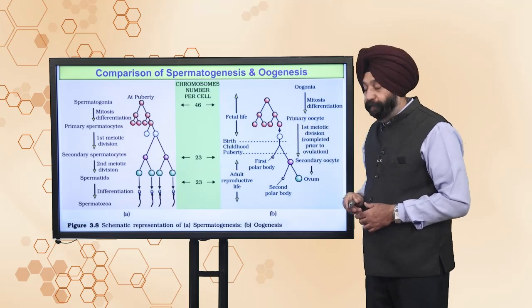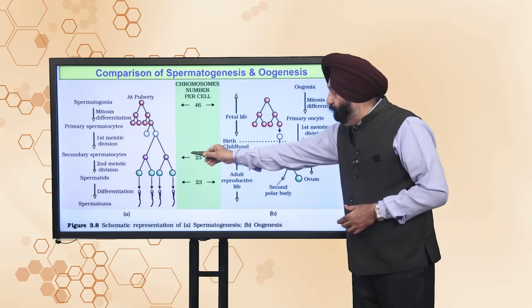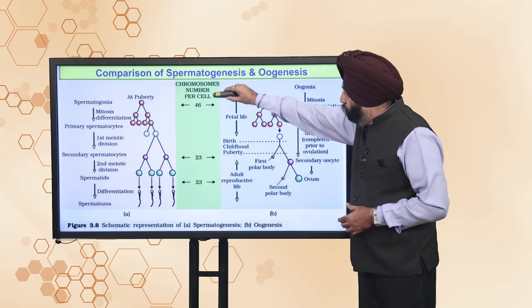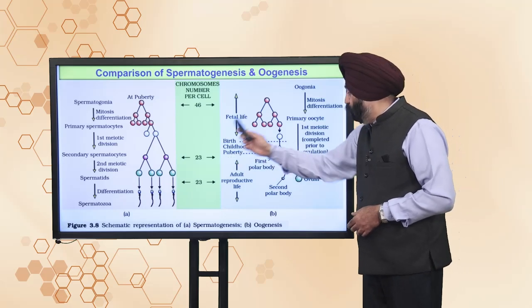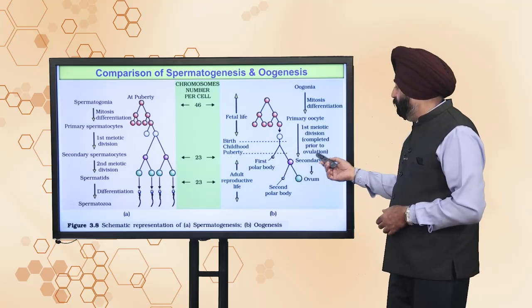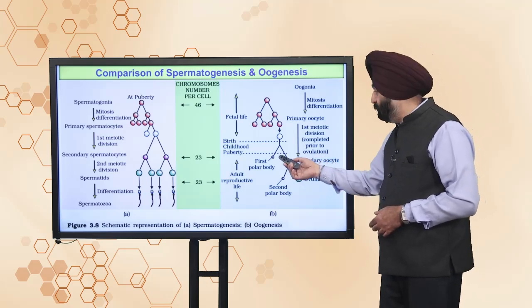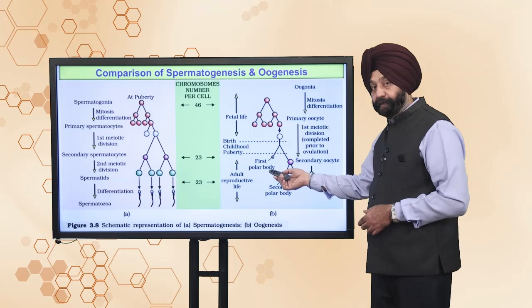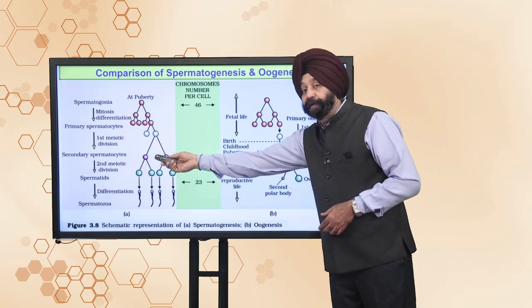That is the only difference here. After birth, see the change when meiosis occurs and the 46 is reduced to 23. At this stage also, for the secondary oocyte, there is only 1 oocyte here and the second is the polar body, whereas on this side there are 2 spermatocytes.